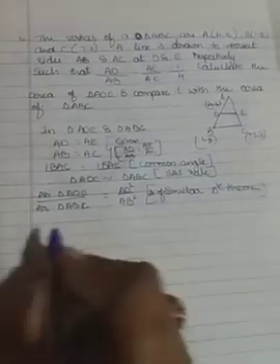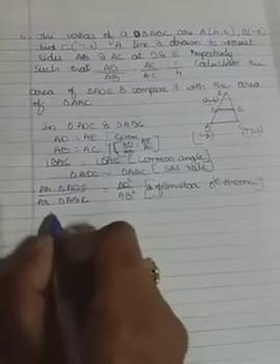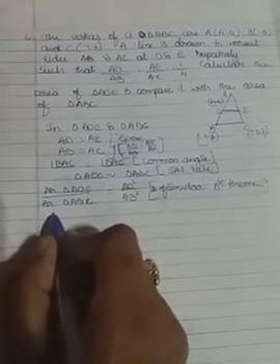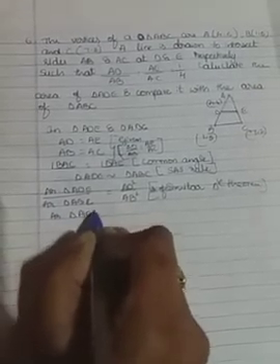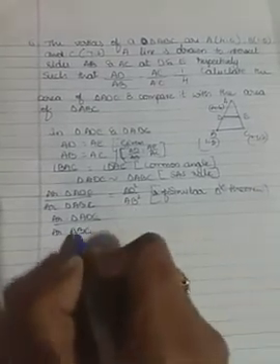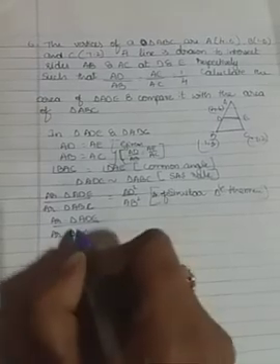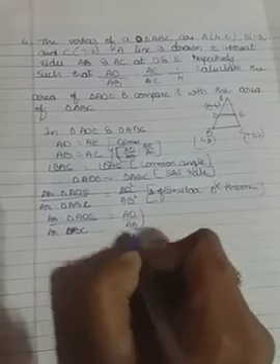So area of triangle ADE divided by area of triangle ABC equal to AD square divided by AB square, that is AD divided by AB whole square.